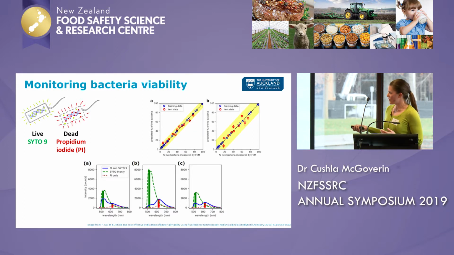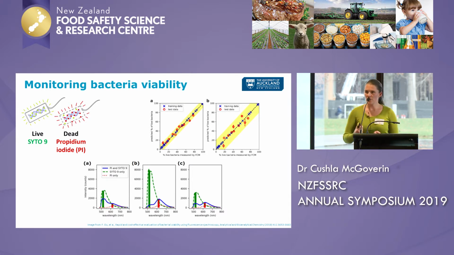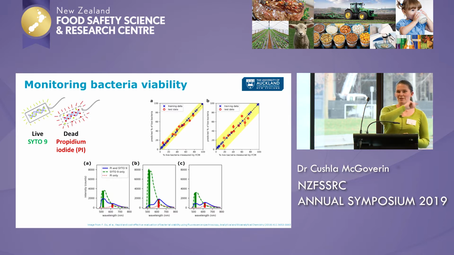Cyto9 will stain everything. And so what you start to see is this interaction effect, because of course this is 100% live cells, 100% dead cells, and a 50-50 mix. What you start to see is that when you have a lot of dead cells, you get a lot of Cyto9 staining, you get propidium iodide staining, and then Cyto9 will get excited, it will emit, and that emitted light will then excite the propidium iodide and inflate its signal.